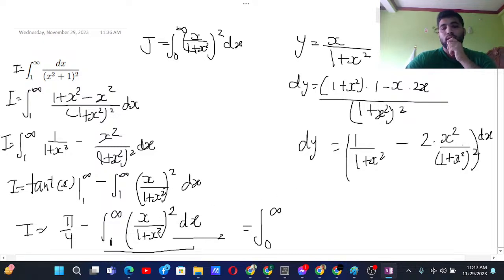This thing is in the dy. So we have dy equals 1/(1 + x²) minus 2y. That's how I think I can write dx. Okay, so that's what we have over here.